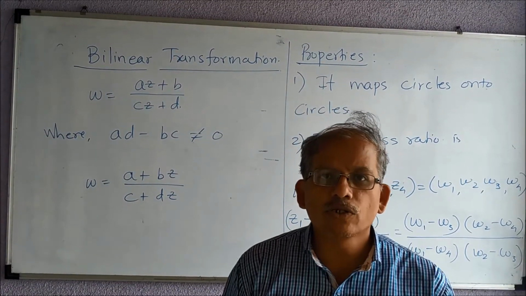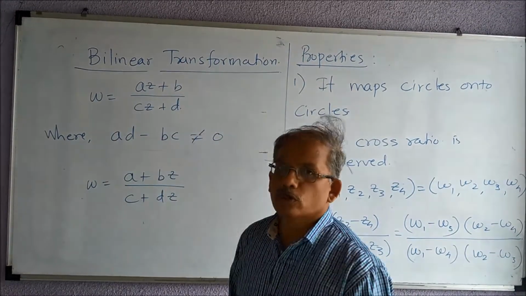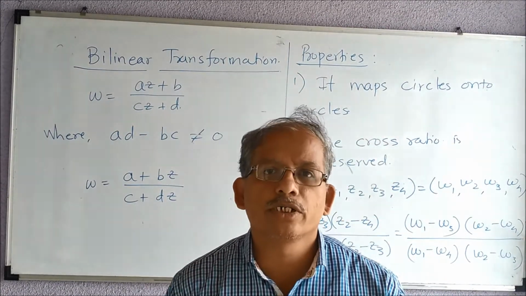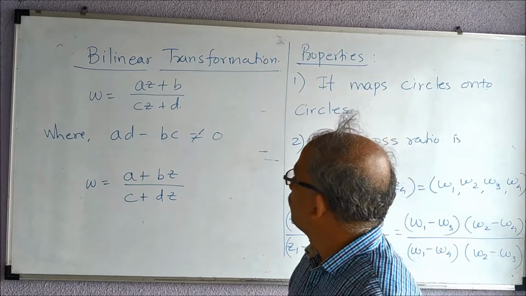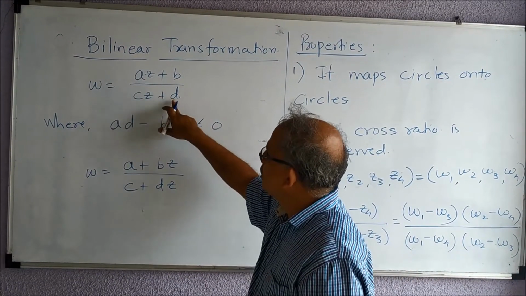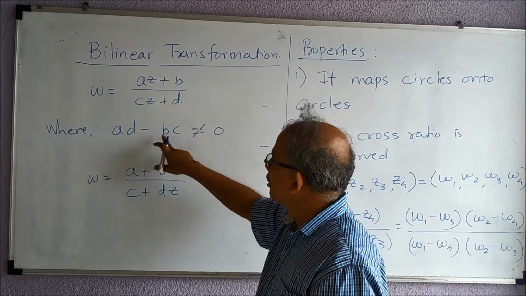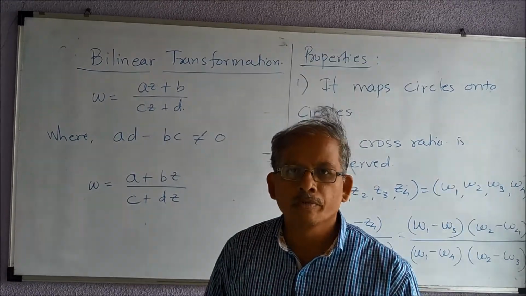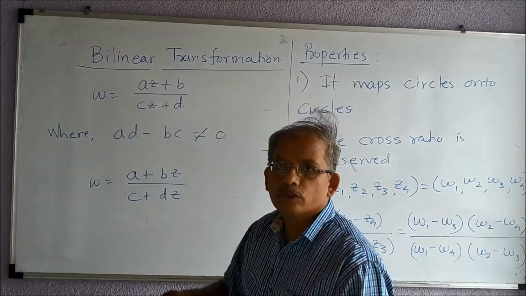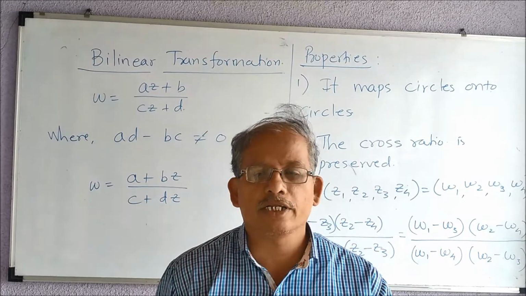If it is equal to 0, this reduces to a constant function, and we are not interested in that. So we will choose our constants A, B, C, D in such a way that AD minus BC is not equal to 0. Then this kind of transformation is called a bilinear transformation.